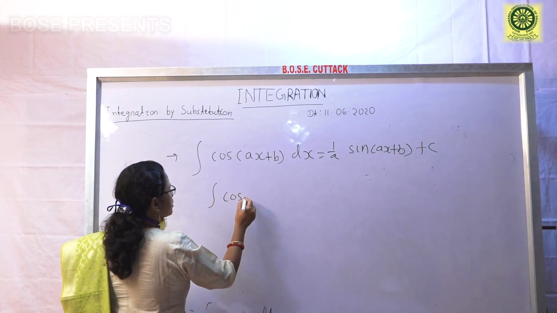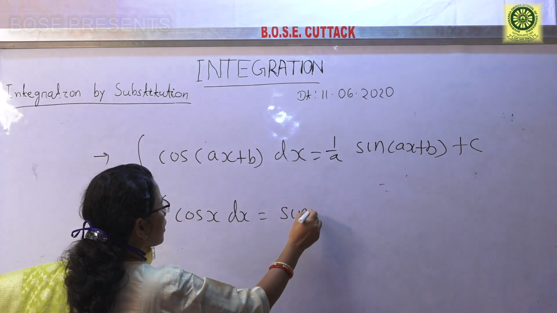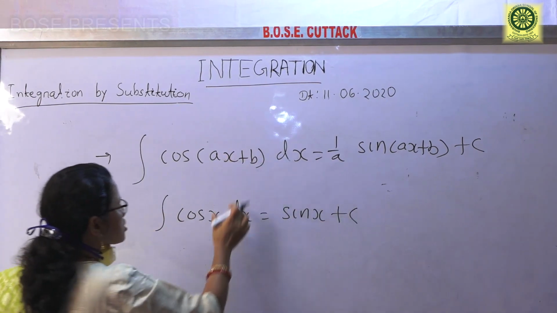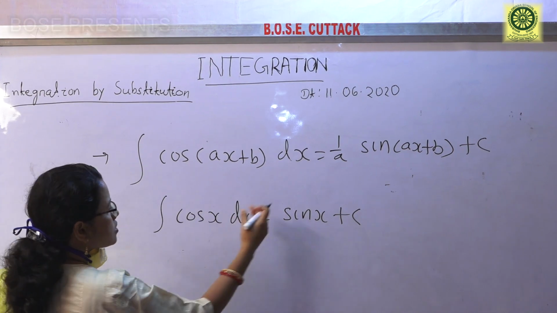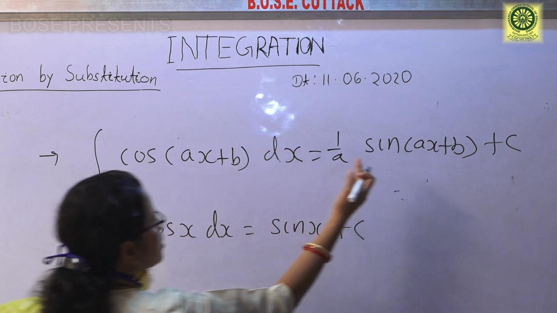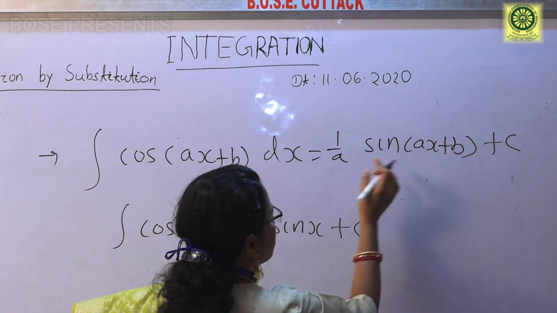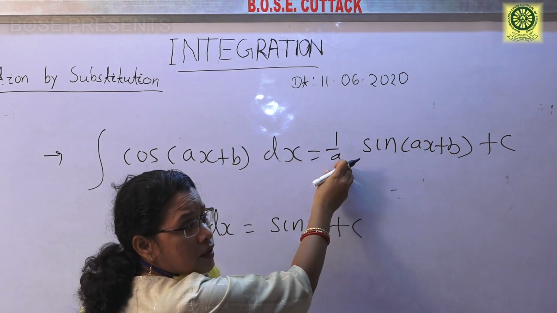You have known the integral of cos x with respect to x is sin x + c. Just comparing these two integrals, here you have the integral of cos x is sin x. Similarly, the integral of cos(ax + b) is sin(ax + b). Here, just the coefficient of x is divided. Okay.